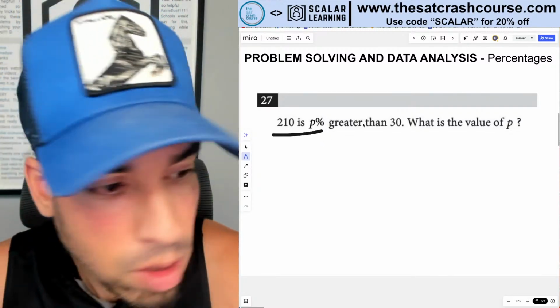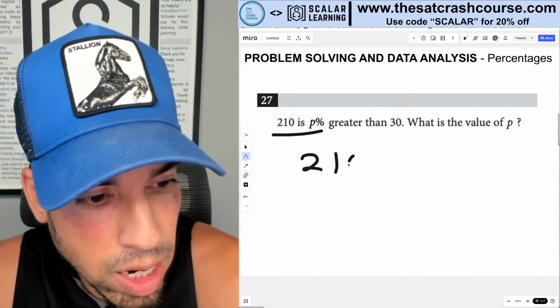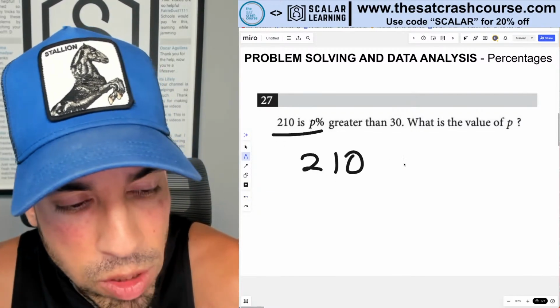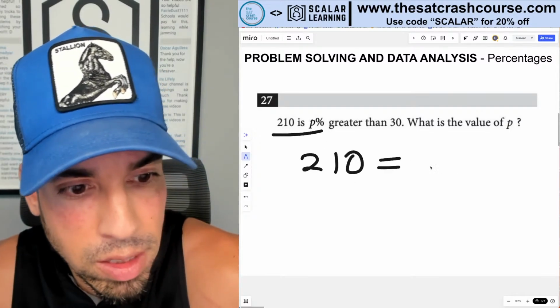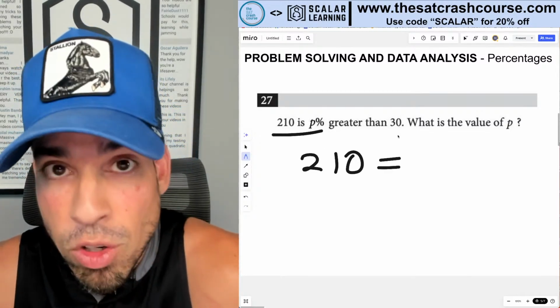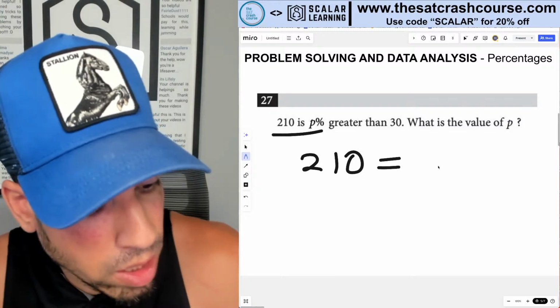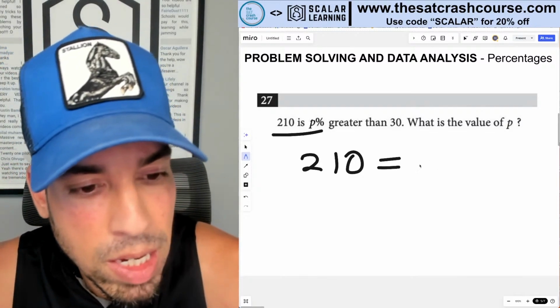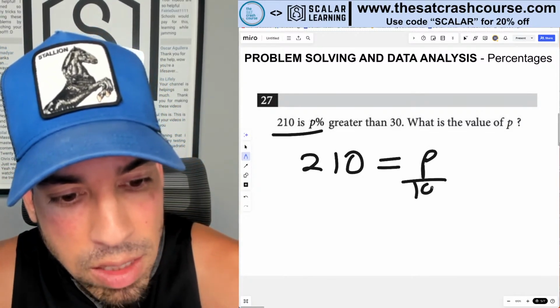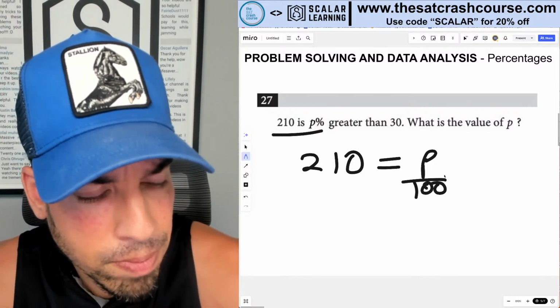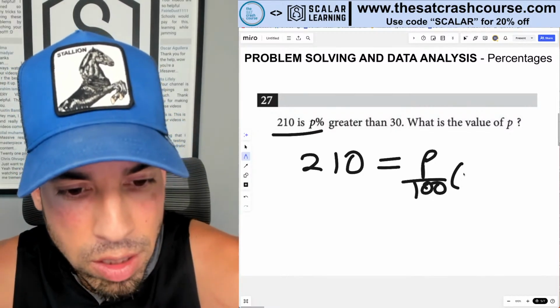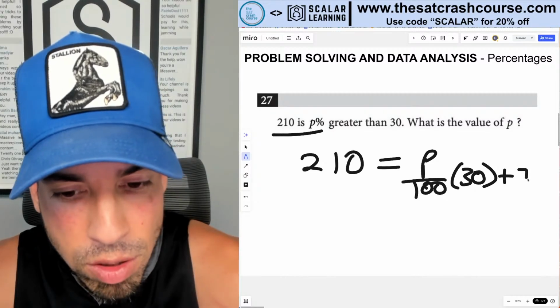All right. So we've got 210. What does "is" mean? It is almost always universally equal. 22 is p% greater than 30. Okay, how am I going to turn that into an equation? P%, so p over 100, greater than 30. So times 30 plus 30.